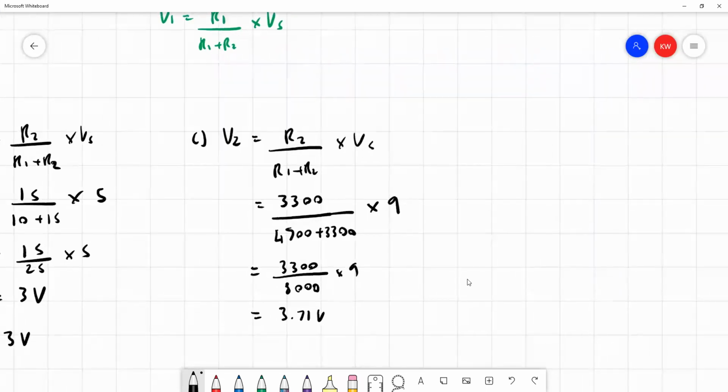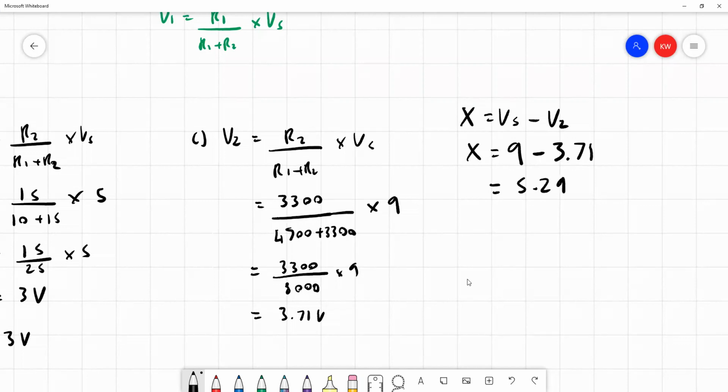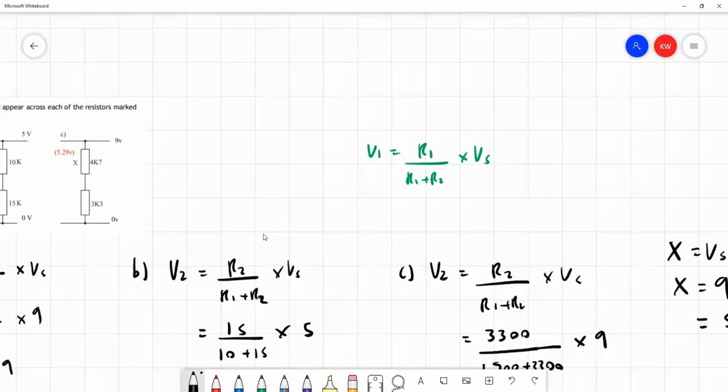So what we could say is that X is going to be equal to our total supply voltage of 9 minus the voltage across the second resistor, 3.71. Or maybe I should write first of all, X will be the supply voltage minus voltage 2. And that's going to be equal to 5.29 volts. And that's the answer indicated in the question.